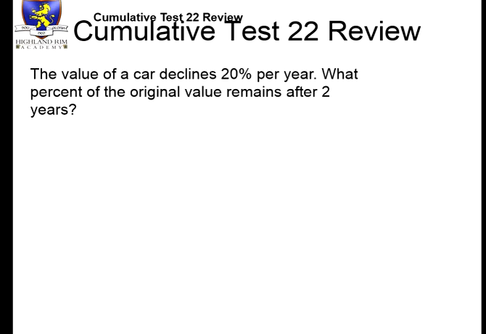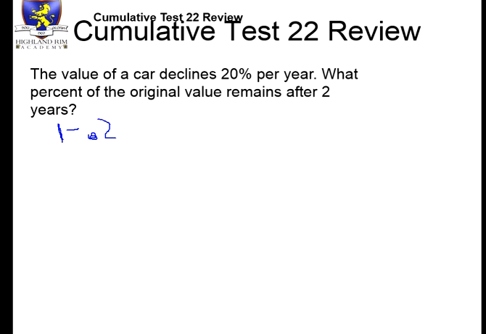Now, we have a car that is going to decrease in value. What percent of the original value remains after 2 years? It decreases 20% per year. So the value of the car after 1 year would be the original value of the car, which we'll say is 1, minus 20%.